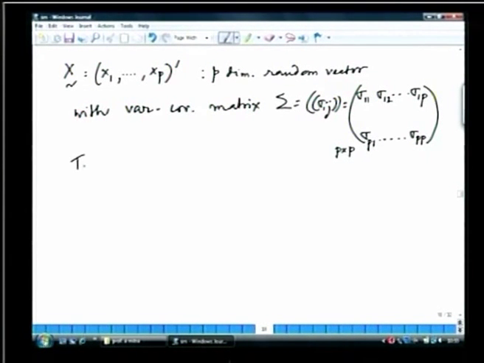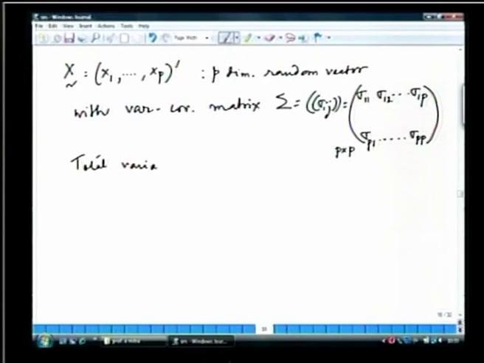Now we have been saying that the total variability in x is going to be explained through the total variability of y, the new variables. So what exactly do we mean by total variability or total variation in data, and how is the variance-covariance matrix coming into the picture with this concept?